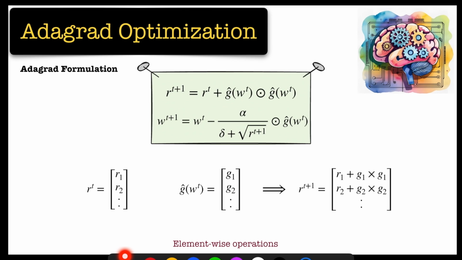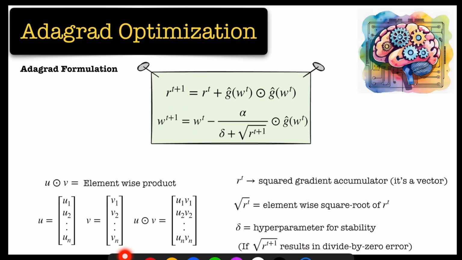I have written it very simply. R(t+1) will be, also element-wise, R1 plus G1 times G1, R2 plus G2 times G2 and so on. All these are element-wise operations.